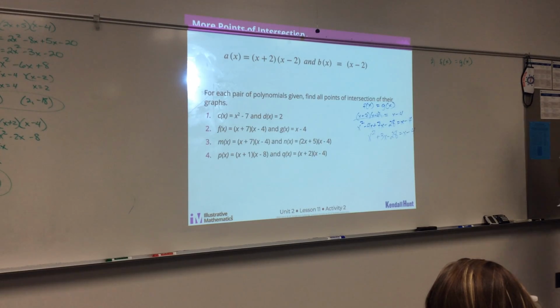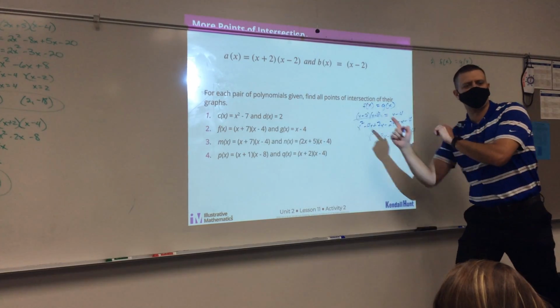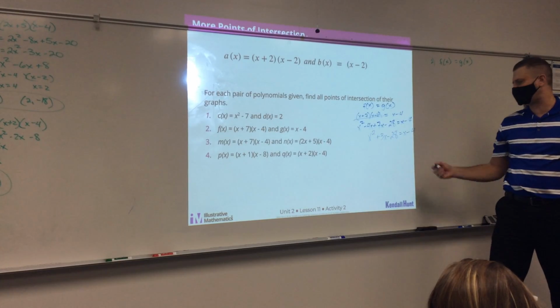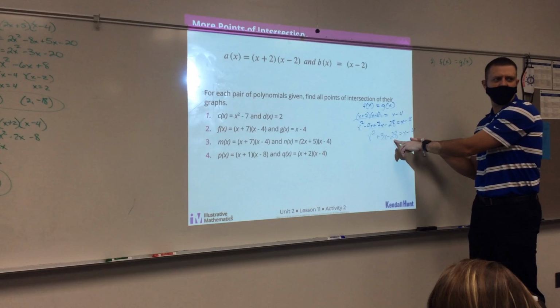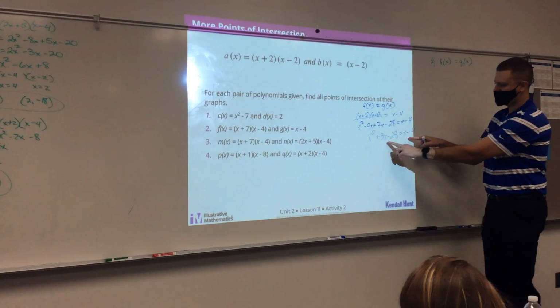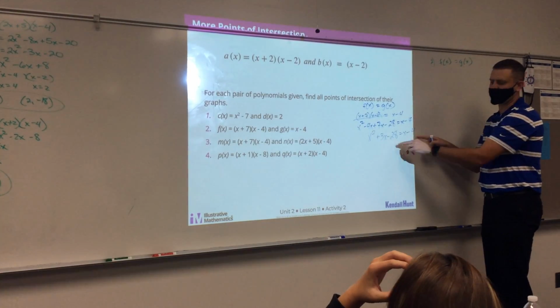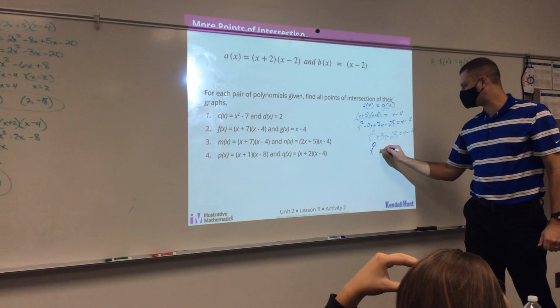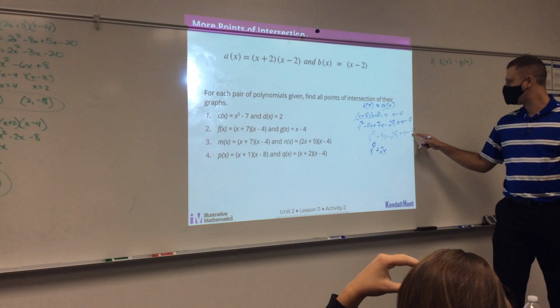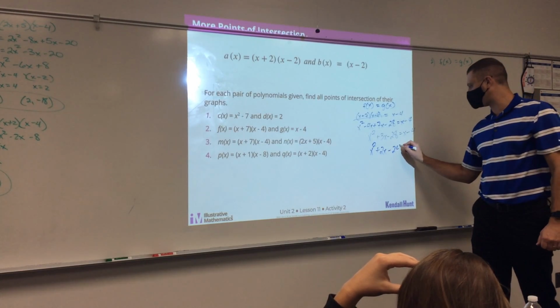Then I'm going to move everything onto one side and get it set equal to 0. So I'm going to subtract x from both sides, and I'm going to add 4 to both sides. Subtract x would give me 2x. Add 4 would give me negative 24.